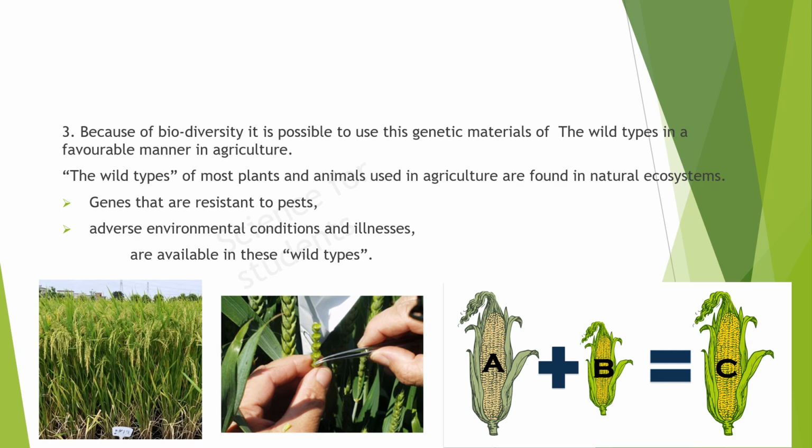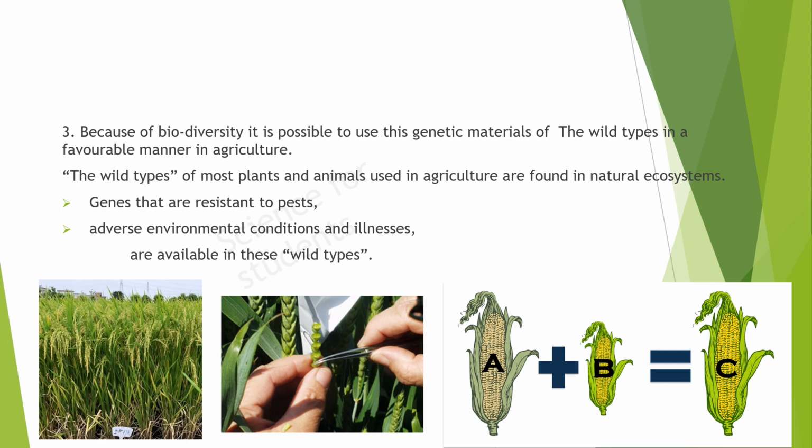Because of biodiversity, it is possible to use the genetic materials of wild types in a favorable manner in agriculture. Wild types are mostly found in forests. Most plants and animals used in agriculture are found in natural ecosystems. Genes that are resistant to pests, adverse environmental conditions and illnesses give more advantages.